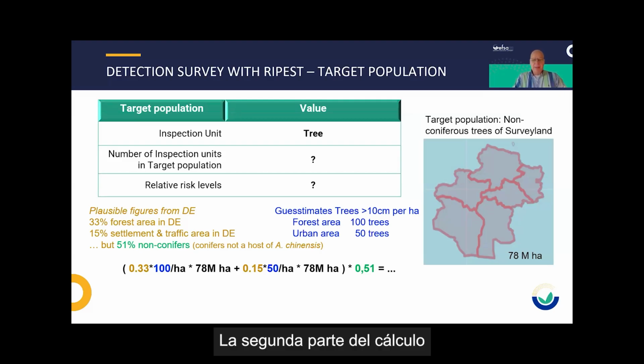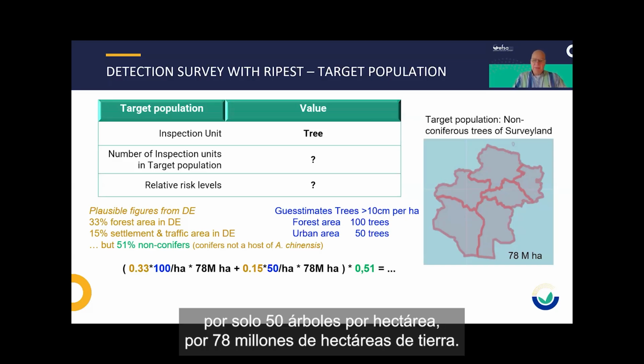And the second part comes then from the urbanized area. So we have 15%, 0.15, times only 50 trees per hectare, but again, 78 million hectares of Surveyland.